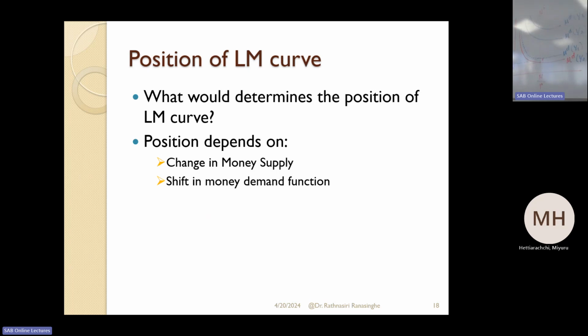Okay. So that is the slope of the LM curve. The slope of the LM curve mainly depends on C1 and C2. Then we look at the position: what factors cause the LM curve to shift to the right or left?